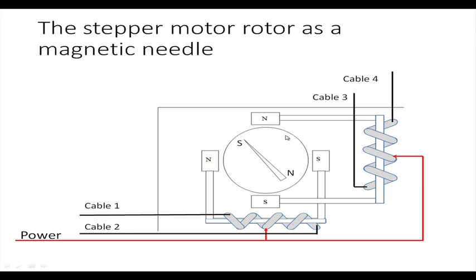Okay, south pole here, north pole here. That means there will be a switch of the needle to this position, and this means that there will be a 90-degree step executed by the magnetic needle or the rotor.